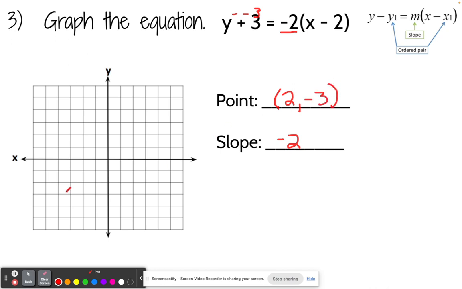So graph this point, 2, -3. Here's my first point. My slope is -2, which means I'm going to go down 2 and to the right one, or up 2 and to the left one. I could make more dots if I wanted to. Connect them all, put my arrows on, and there's my line.